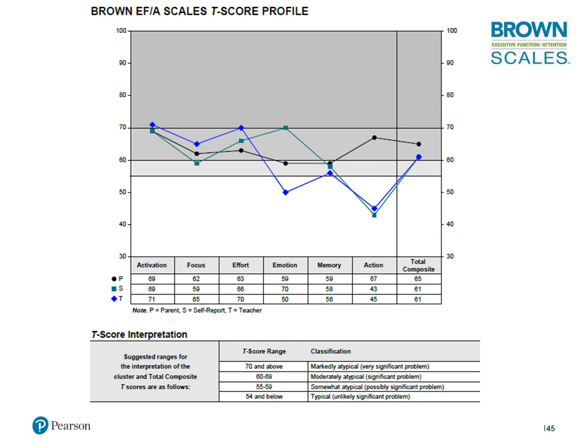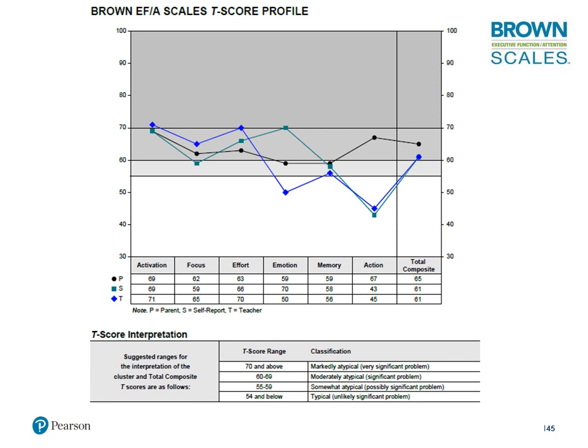We can see that in terms of activation, all 3 raters, the parent, the student, and the teacher, rated the student's performance in those areas as being significantly atypical or significantly at risk to having a problem in that area.